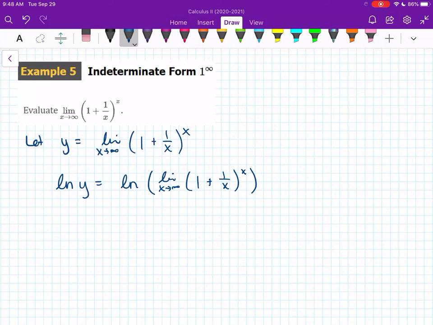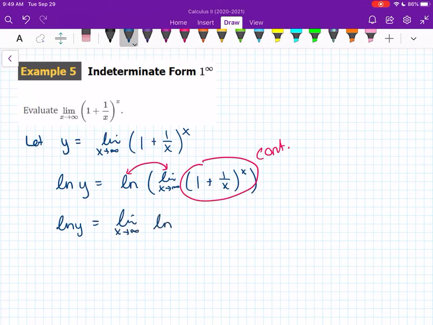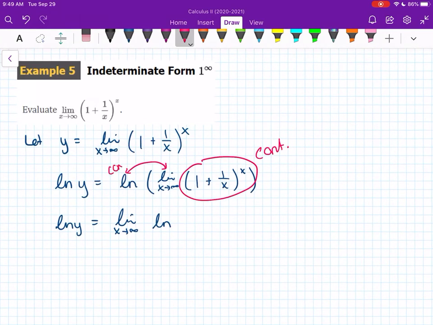So since we know that 1 plus 1 over x to the x is continuous, we can swap the natural log and the limit. So we can put the limit on the inside or the limit on the outside and the natural log on the inside. So I'm going to rewrite this as the natural log of y equals the limit as x approaches infinity of the natural log, since the limit and natural log are both continuous.